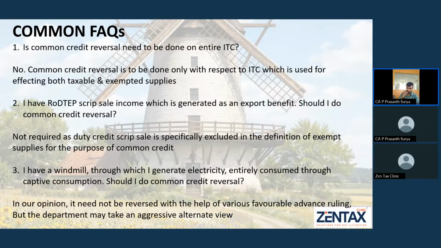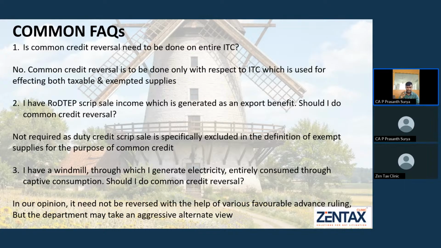In our personal opinion, if you are doing entirely captive consumption, that is, if we are not doing third party sales of electricity, then common credit reversal is not required because it is not an income itself in the first place. It is only a book entry for 80IA.